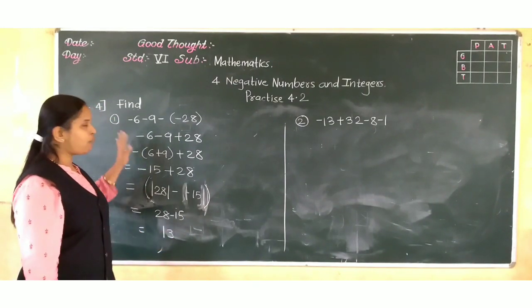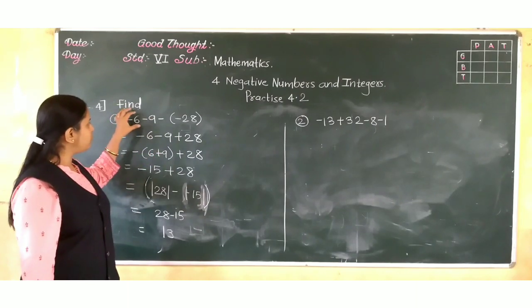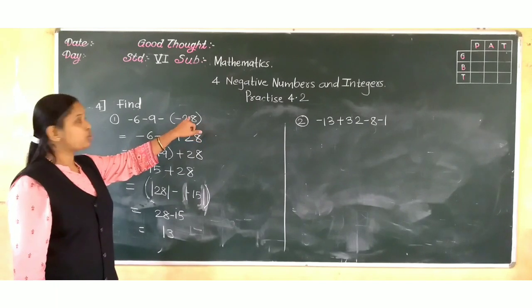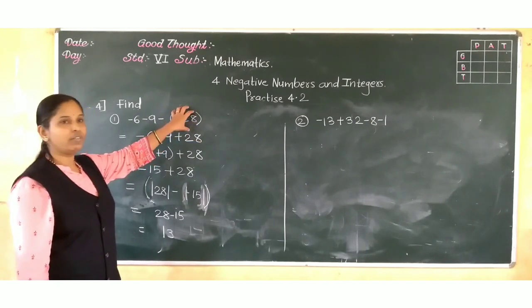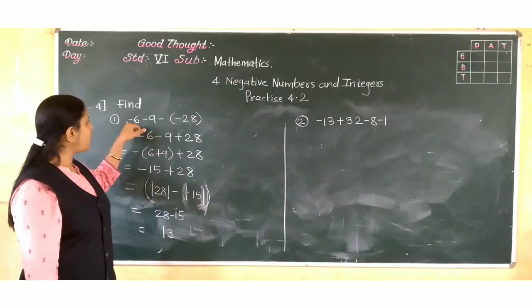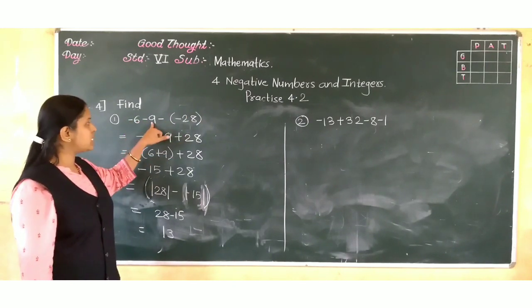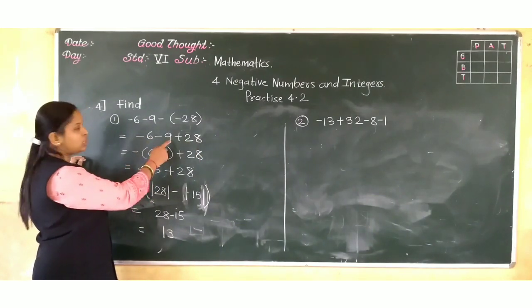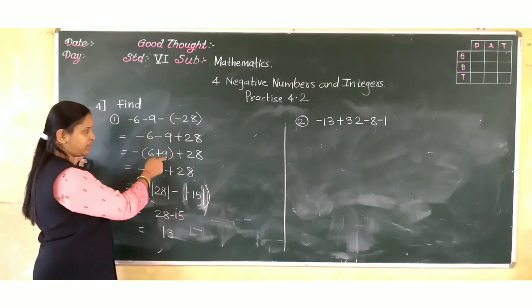Okay. What did I do? Here see, both these having same sign, and this is subtraction of this. So I took the additive inverse of that. What is the additive inverse of this? Plus. So how to write? Minus 6, minus 9, plus 28. Now both these having same signs. So take it outside and add.